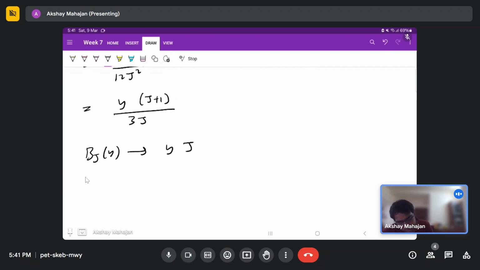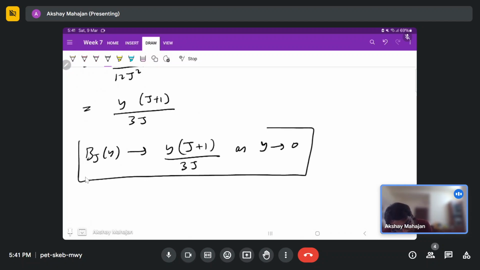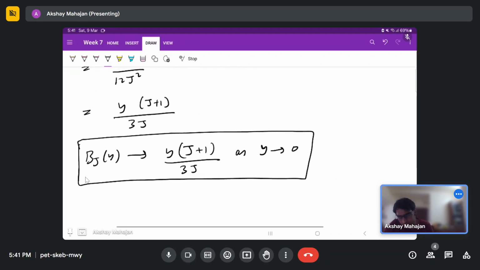So it will be y times (j plus 1) only upon 3j as y tends towards 0. So this will be our Brillouin function as y tends towards 0, which is y times (j plus 1) upon 3j. Right? I guess I had written something wrong somewhere, but this one is correct. Yeah. Alright. So y (j plus 1) upon 3j.